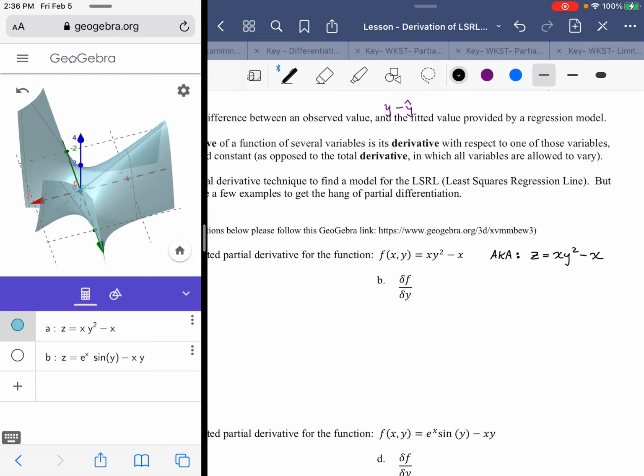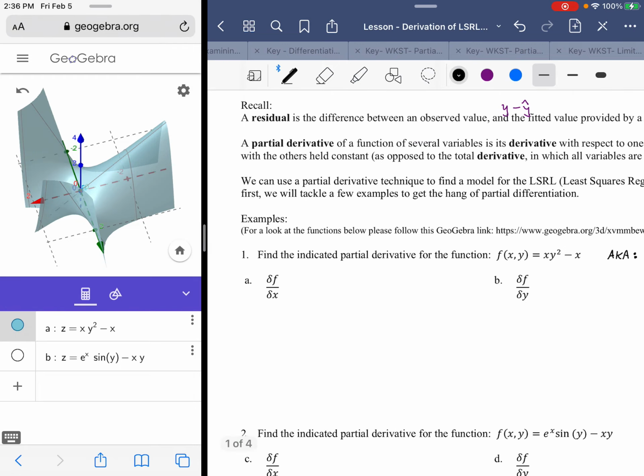What that's saying is hold one variable constant and differentiate in terms of the other. So in this one, the interpretation is hold y constant, then differentiate with respect to x.